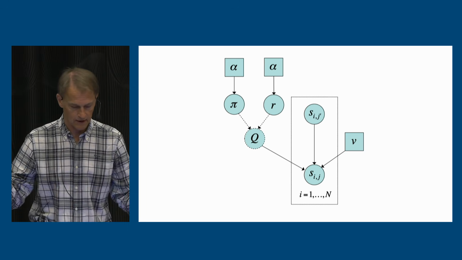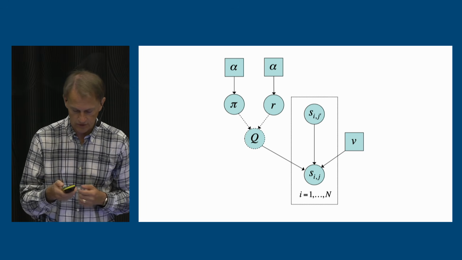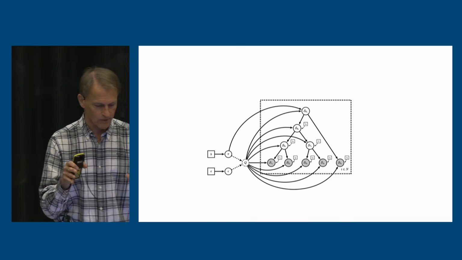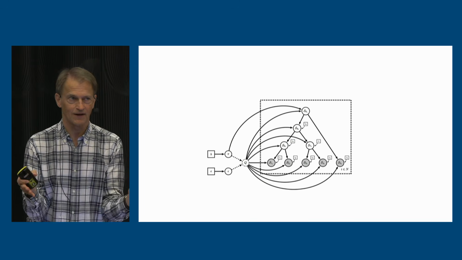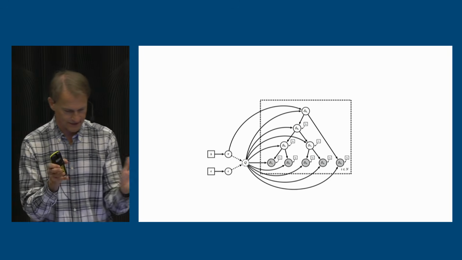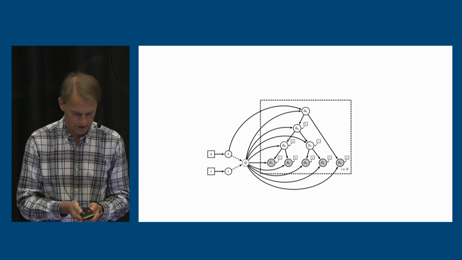And this plate is replicated over the sites in the sequence. So using this type of approach, it's easy to represent a phylogenetic model on a fixed tree. So it all fits these classical graphical model concepts.